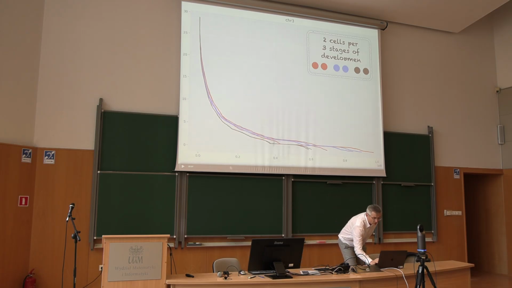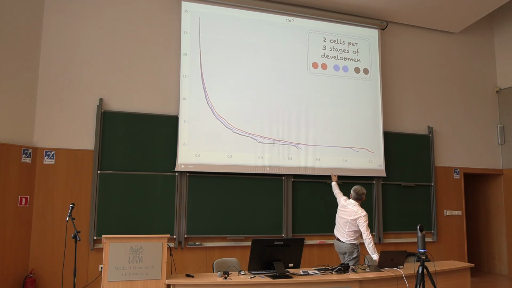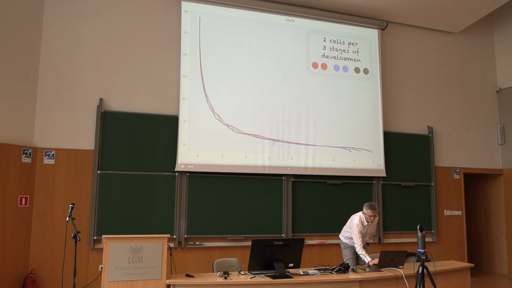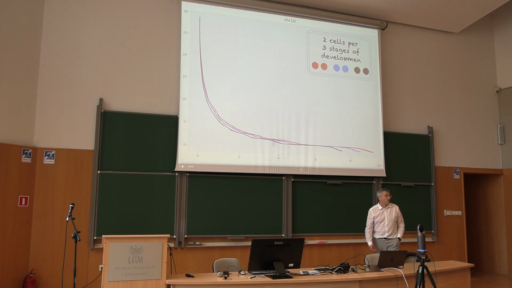Chromosome 2, 3, again, it's a little bit confusing. 4, it's again rather nice separation. Here's not such a nice separation. This is chromosome 10. Definitely, you can see a separation between them.